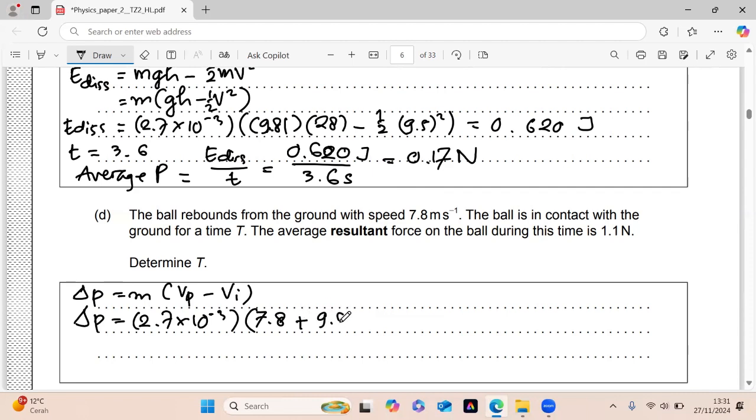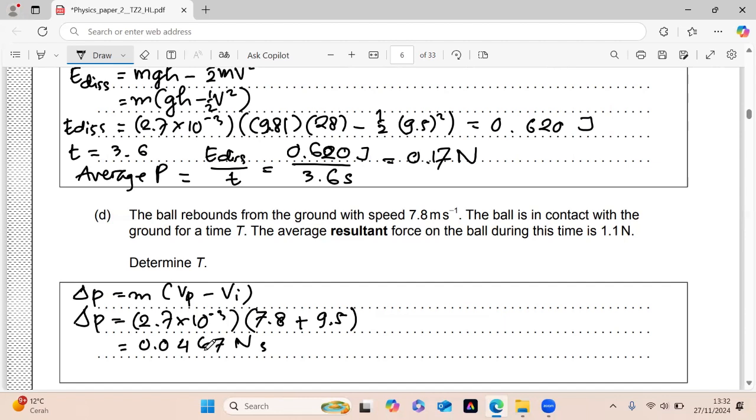You can see why we determine 9.5 from the graph. Okay, so if we calculate it, it comes to 0.0467 Newton second.